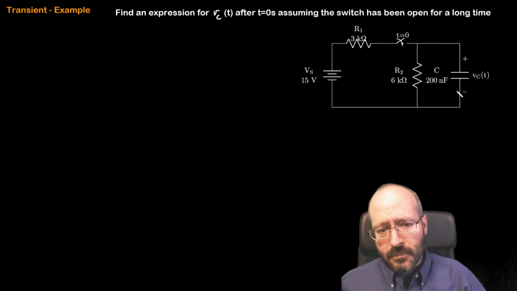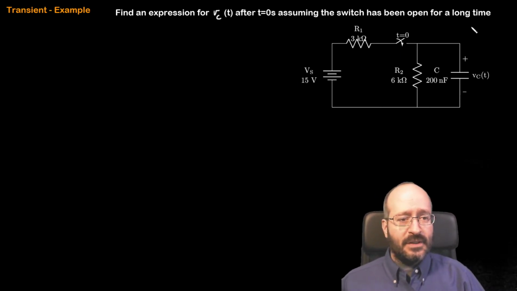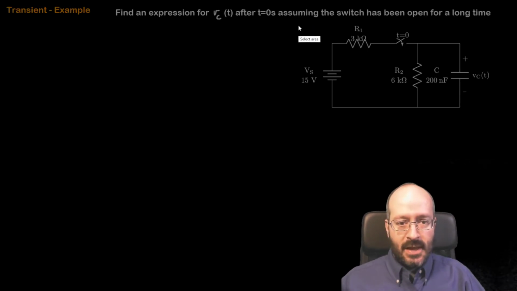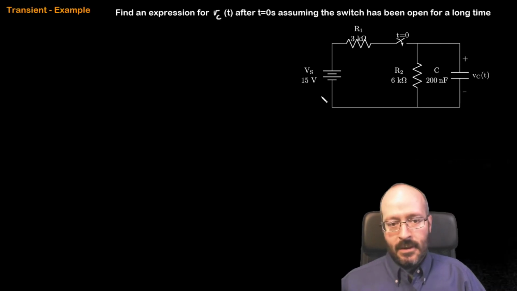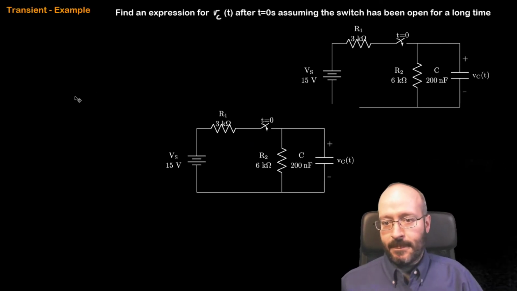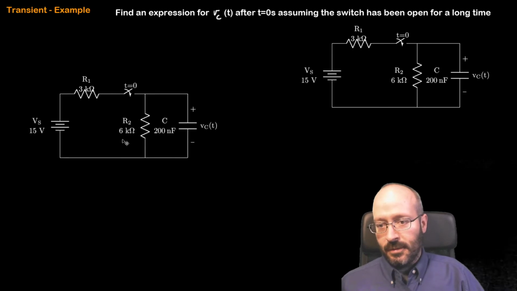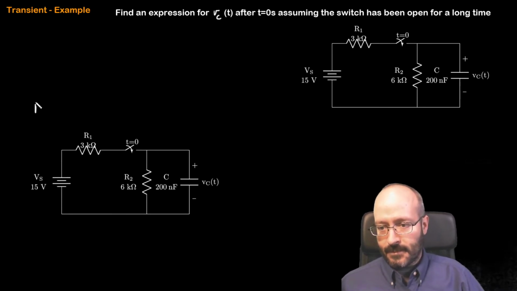Okay. So the switch has been open for a long time. So here's this switch here, and we're going to grab the circuit. And say before t equals 0, the switch is open.